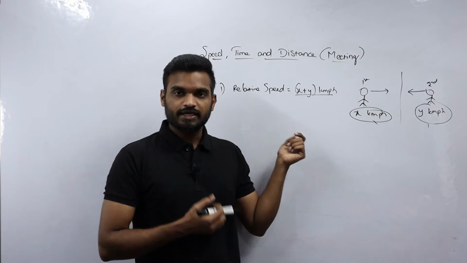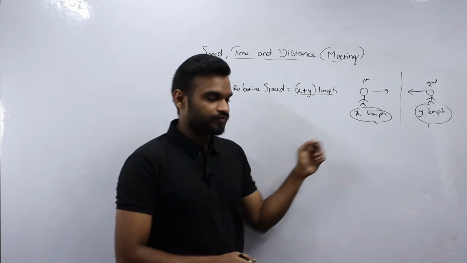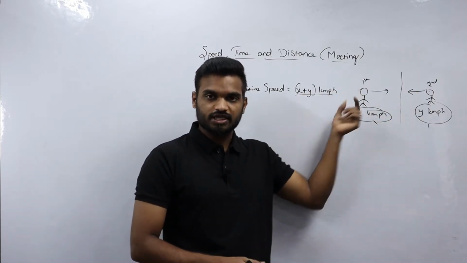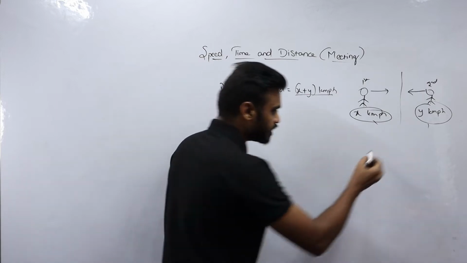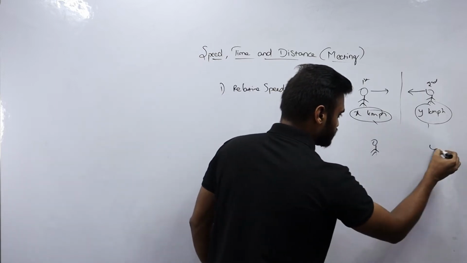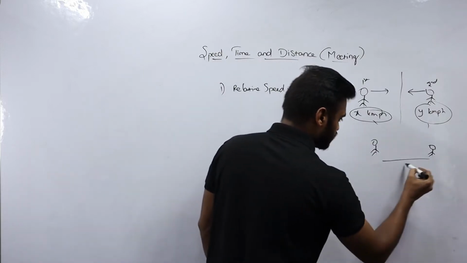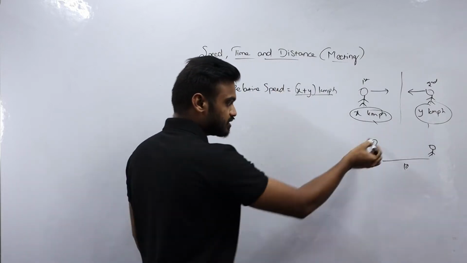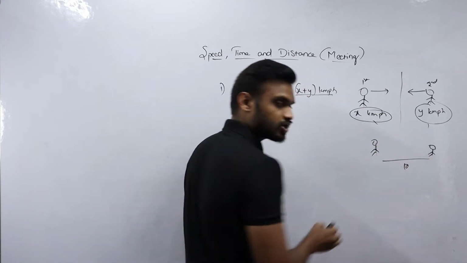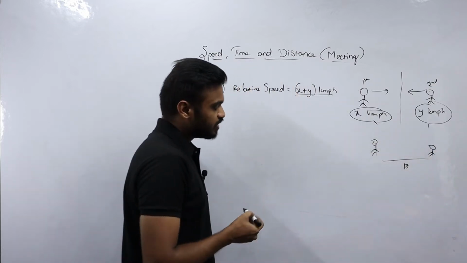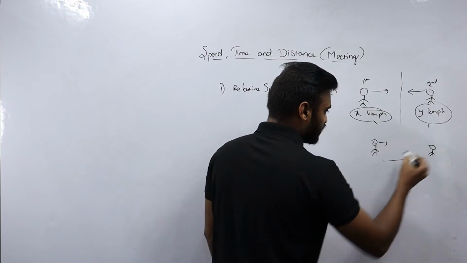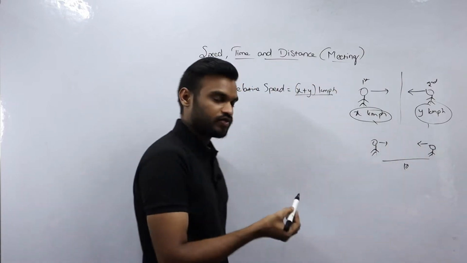Now I will explain why I wrote this x plus y km per hour when both persons are traveling in the opposite directions in the meeting. See here, suppose assume that there is one person here and there is another person here. Now the initial distance between the first and second person is 10 kilometers. Now after 1 hour, the first person traveled for 1 hour and the second person also traveled for 1 hour.